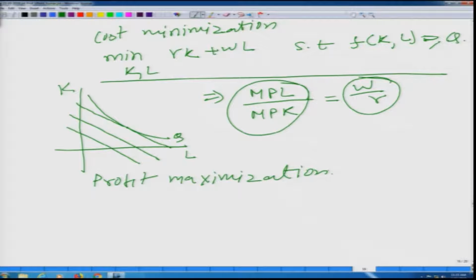The profit maximization problem is to maximize P f(K, L) minus Rk minus WL.